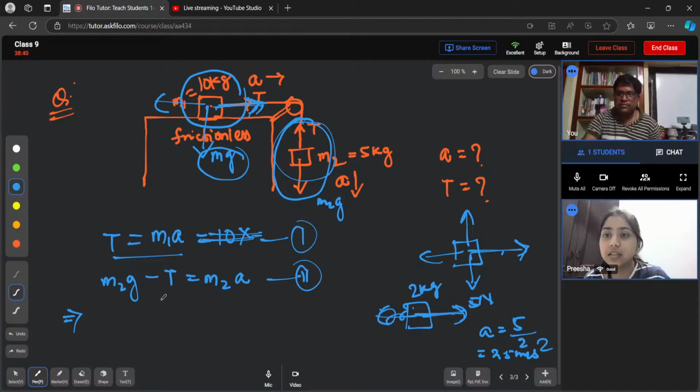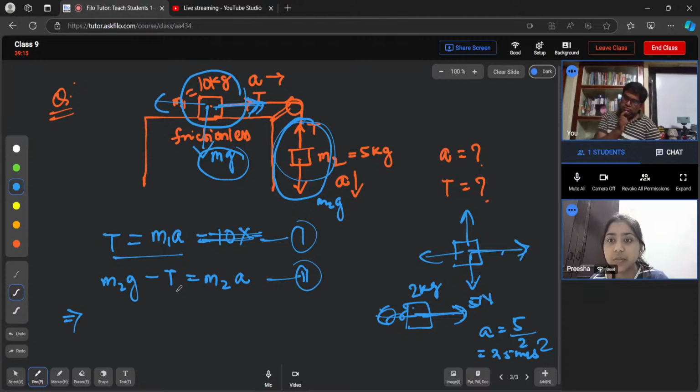The last time when we did that system, when only one side was there and weights were suspended, like two weights suspended like this, we considered that the first mass was going down but the second mass was going up, and tension was also in the upper direction.